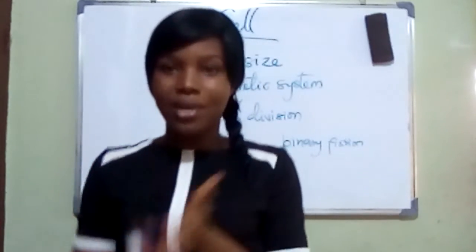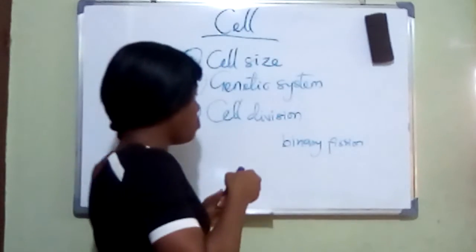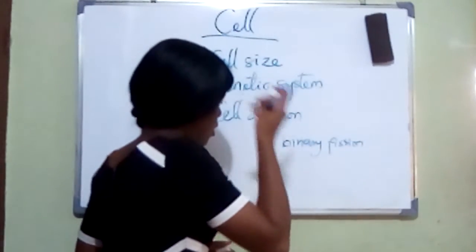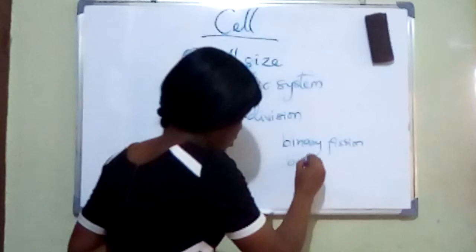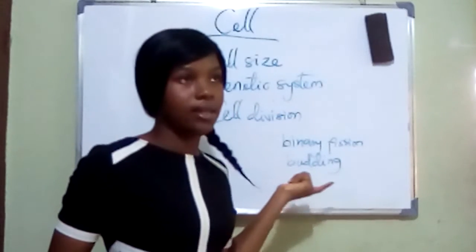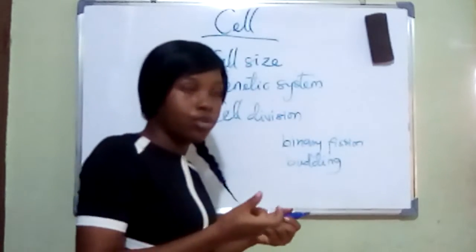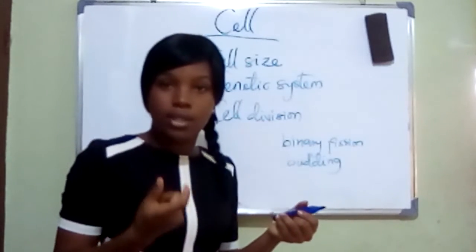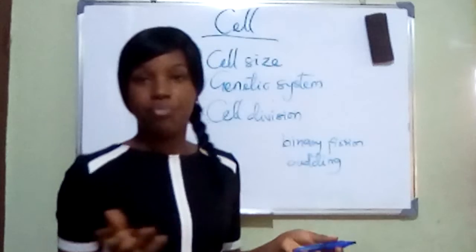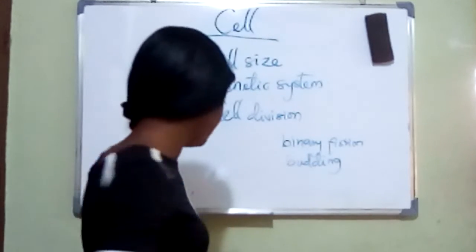The cell just splits into two daughter cells. Also, some prokaryotes engage in budding, like in Hydra. We have a little bud growing from the parent organism until it's mature enough and then breaks off to be an independent organism on its own.